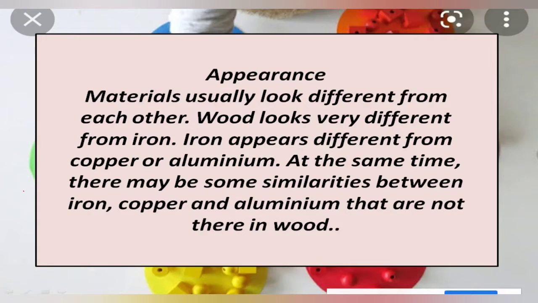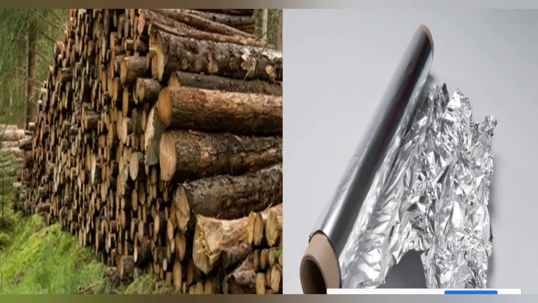Now, when I talk about similarity between iron, copper, and aluminium, they all are similar to each other because of their luster or their shine. At the same time, there may be differences between iron and copper and aluminium too. Now, aluminium is shiny, as I told you, and wood doesn't look good like aluminium. Understood the difference between lustrous and non-lustrous?